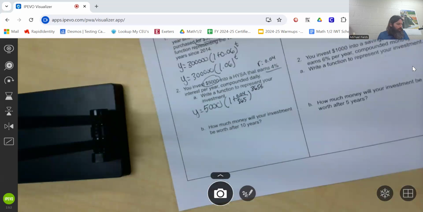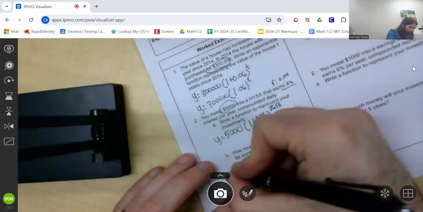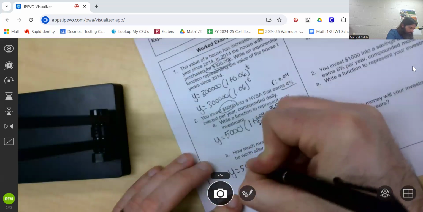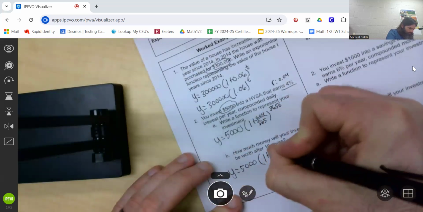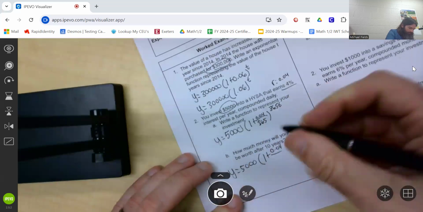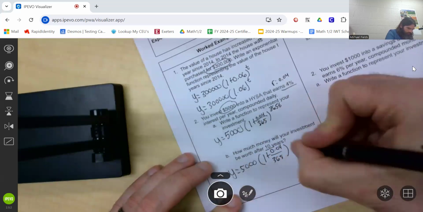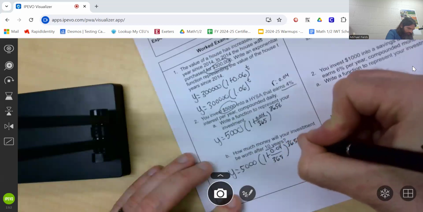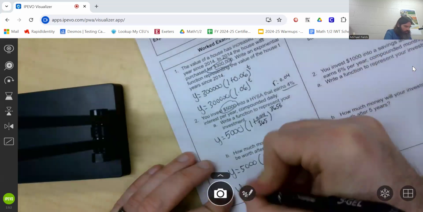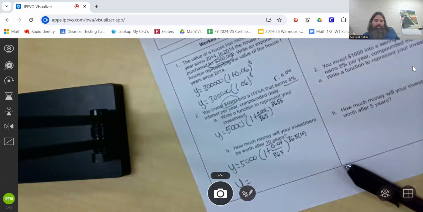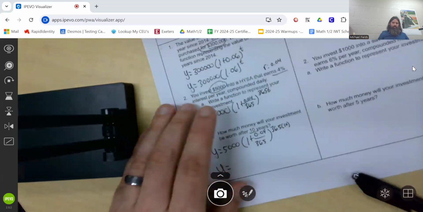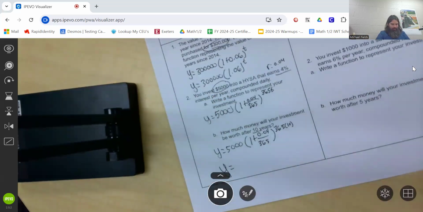All right. How much money will your investment be worth after 10 years? So all I have to do is take t and replace it with 10 years, to the 365 times 10 power. And use a calculator to calculate that.